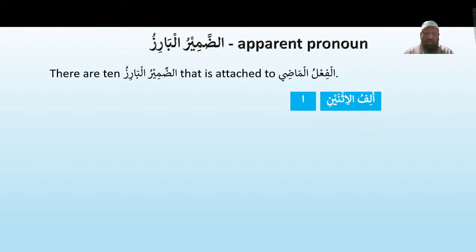Number 2, waw al-jama'ati, the waw for plural. So this waw will give us the meaning of plural. It is called wawul jama'ati. This is how it will be visible when we attach it to al-fi'l al-madi.